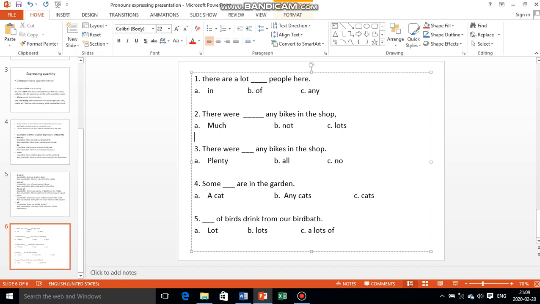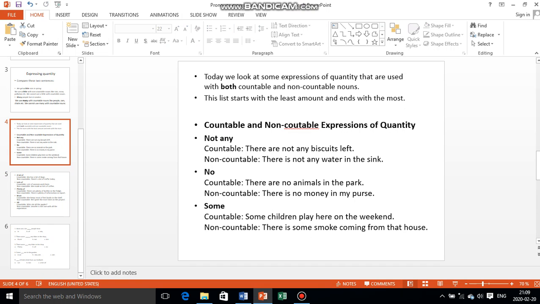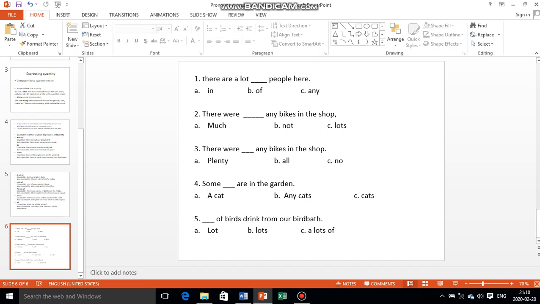Okay, there were blank any bike in the shop. So there are plenty. Number four, some blank are in the garden. Okay, here's the some. Some children. So the next word is the noun. So in here, you need to find the answer.